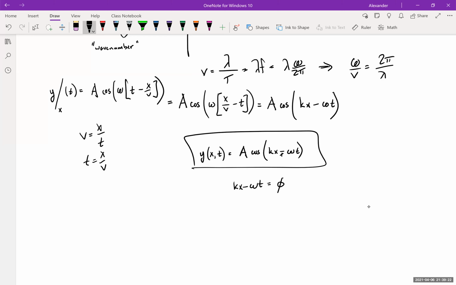Suppose we take a derivative with respect to time, because that phase is constant.